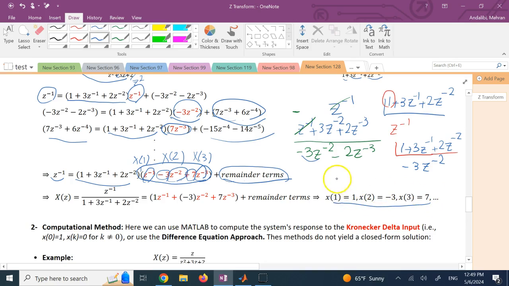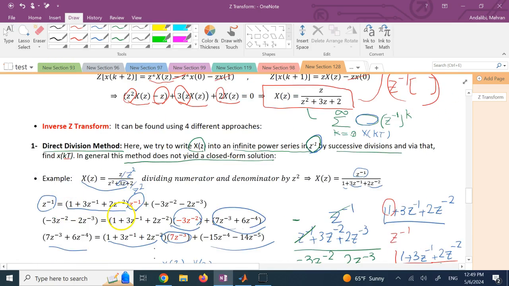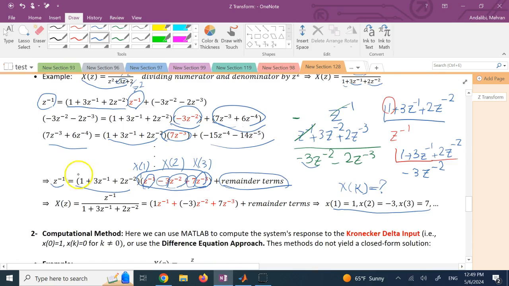Do you have the general solution for it? X of k? Absolutely not. And you don't even know here x of 0 because it has not shown up. But x of 0 is going to be multiplied by a 1 instead of a z minus 1, z minus 2.